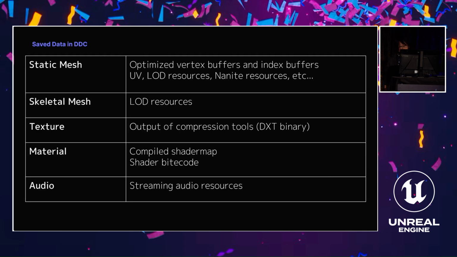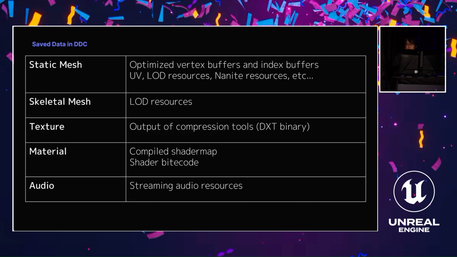As I mentioned, the data to be derived and cached is significant, but the DDC stores this kind of data. DDC mainly contains resource data necessary for rendering, which is acquired at the time of loading assets.